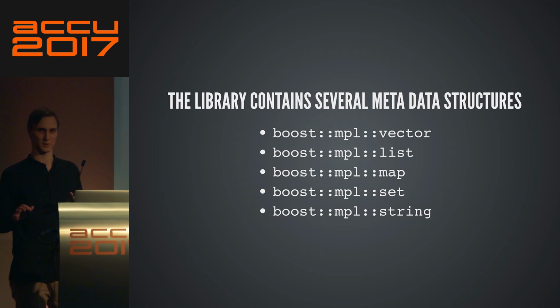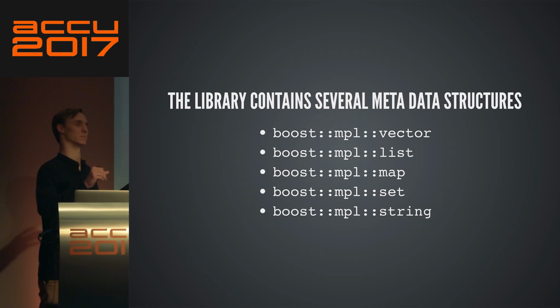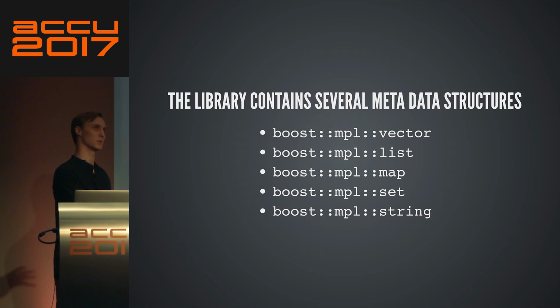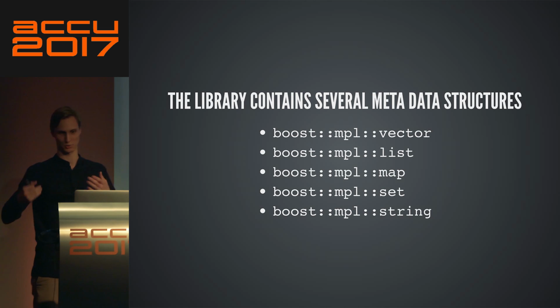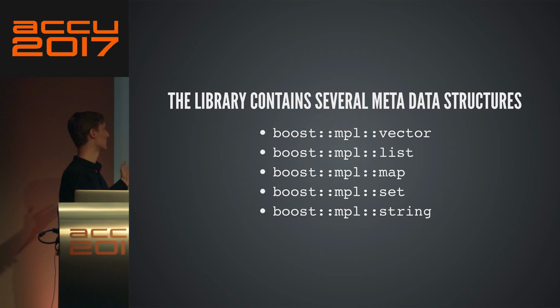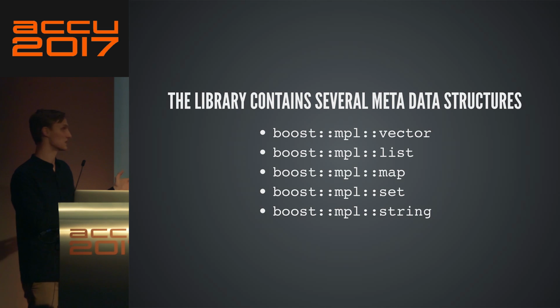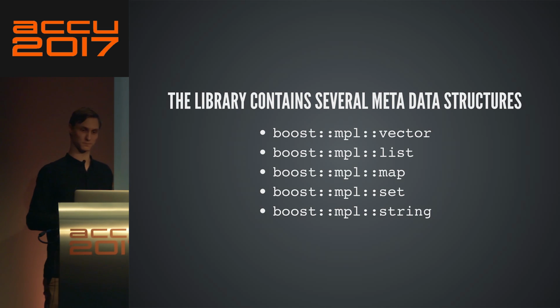So essentially the MPL is a little bit like the containers and the algorithms from the standard library in a single library. But all of this is type level, which makes it quite different. Conceptually, you have data structures like a vector, a list, a map, a set, and a string, for example. And all of those are compile time data structures, but not compile time as in constexpr.